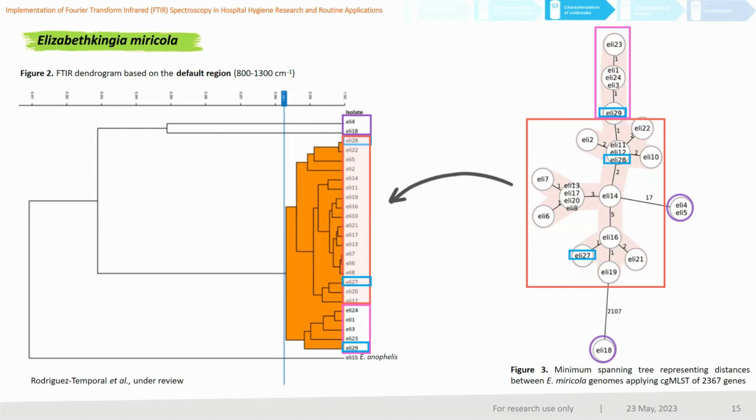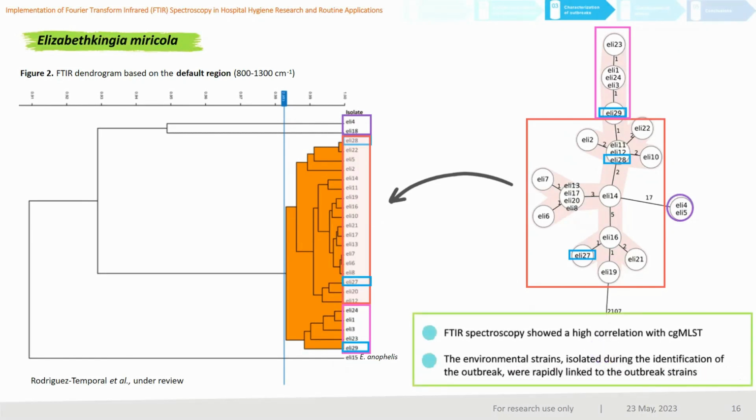However, this could be considered a minor error by FTIR, because although this strain was considered as part of the outbreak, the most crucial result is that this technique didn't miss any outbreak isolate, which is essential for outbreak monitoring and control. So, as a conclusion, FTIR spectroscopy showed a high correlation with sequencing, and the environmental isolates, which were analyzed in real time during the study, were rapidly linked to the outbreak.